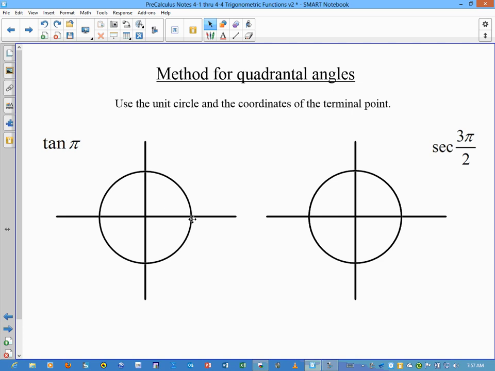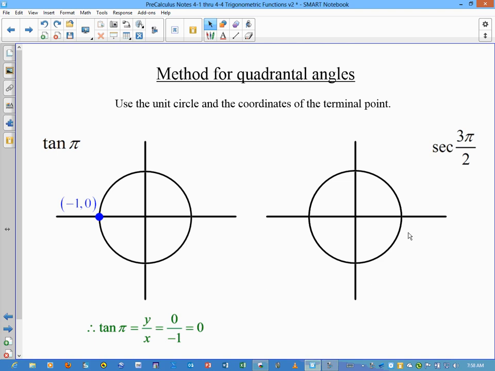I should know that this is 0, pi over 2, pi, 3 pi over 2, etc. So my terminal point is right here, and it has the coordinates -1, 0. That's all I need to figure out the tangent, because for any circle, tangent is y over x. In this case, our y is 0 and our x is -1, so 0 over -1 is 0. Tangent of pi is 0.